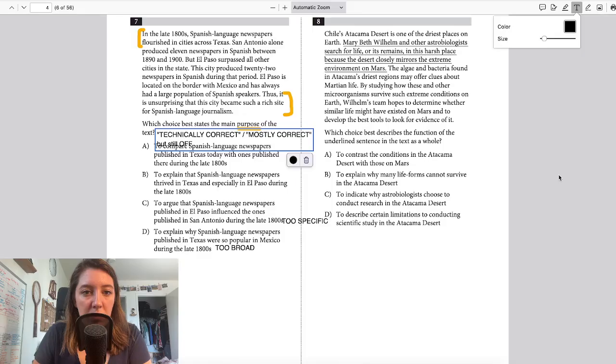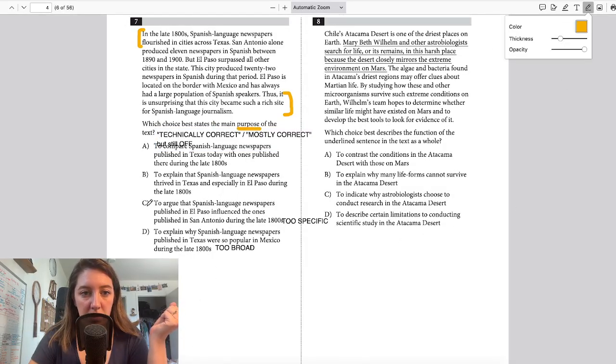Like it might say something like, San Antonio is the best city for newspapers instead of El Paso or something like that. But you wouldn't know that if you were rushing, right? So you're going to kind of just judge the truth value of an answer choice like that rather than the scope. So this one I'm pretty sure is B.